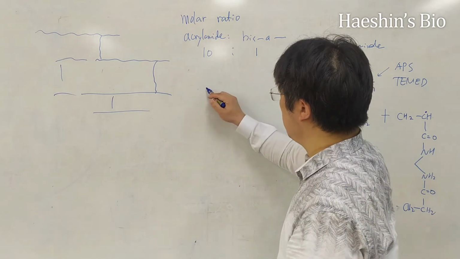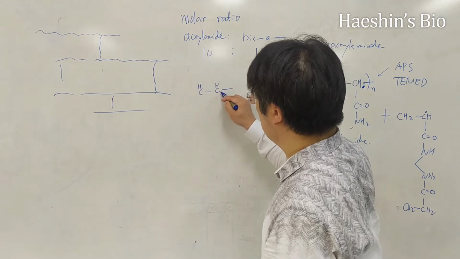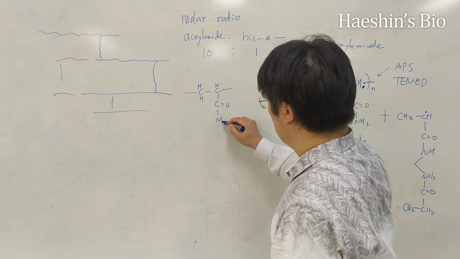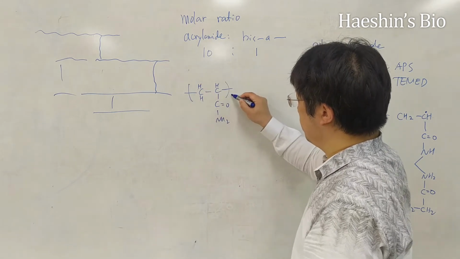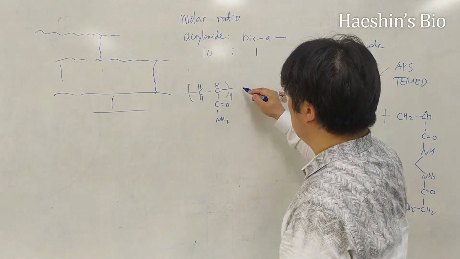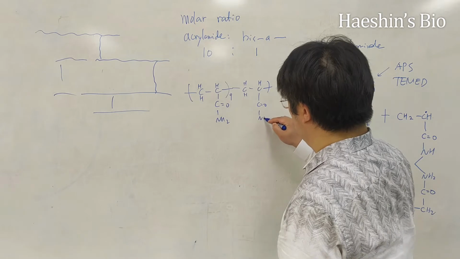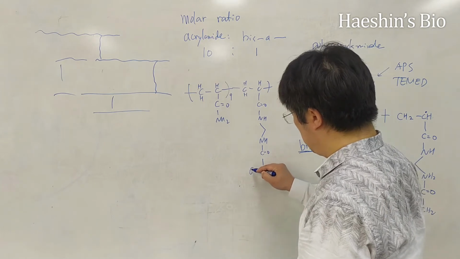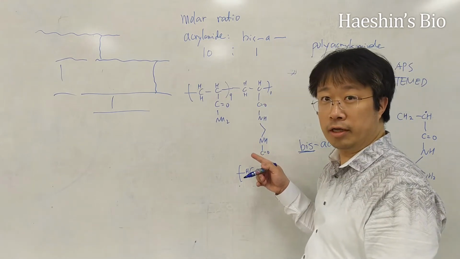So that means we have, say, this is the right monomer, but if you say 9 of this is polymerizing at the same time, the tenth of this, say H, like this system, so one bis acrylamide is incorporating during the polymerization.